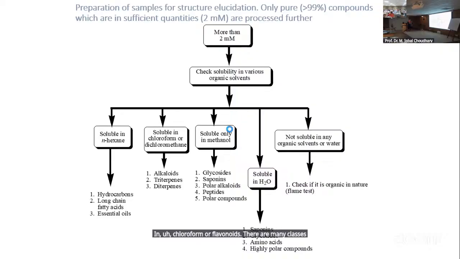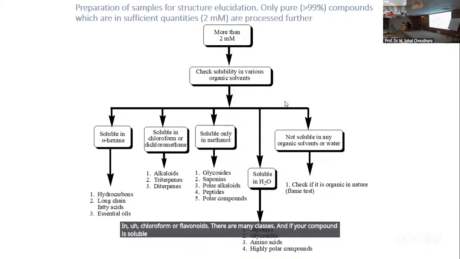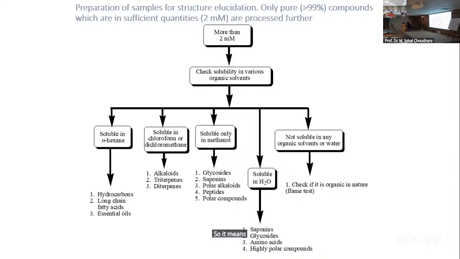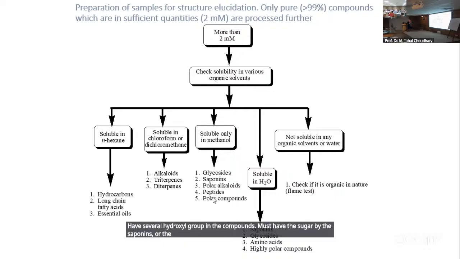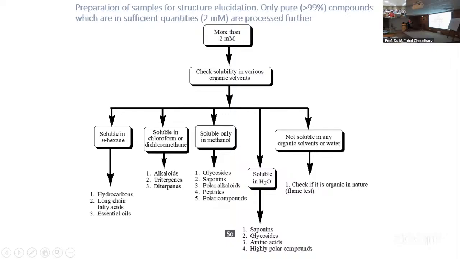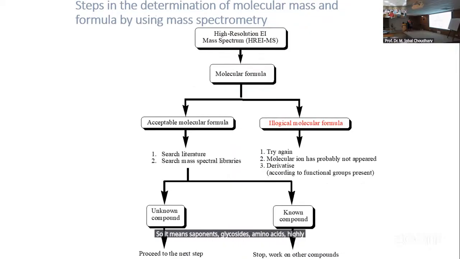And if your compound is soluble in methanol, since methanol is polar, definitely there must be several hydroxyl groups in the compound, or it must have sugar, or it might be saponins or polar alkaloids or peptides. So it's a polar compound. If your compound is soluble in water, it means saponins, glycosides, amino acids, highly polar compounds.